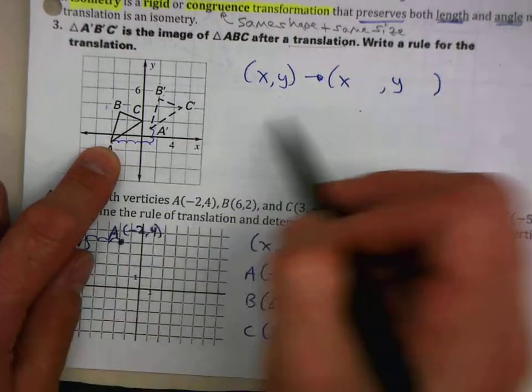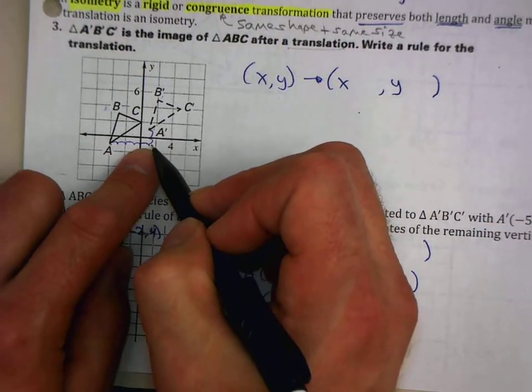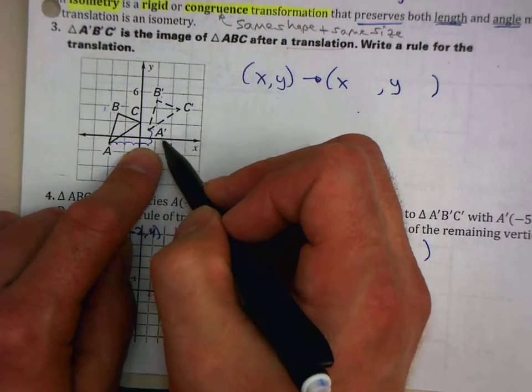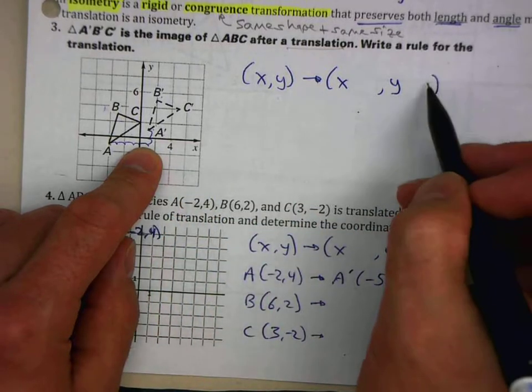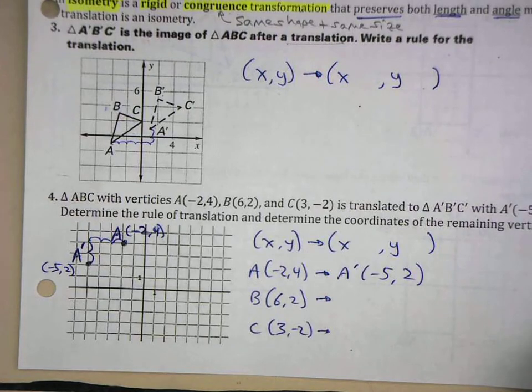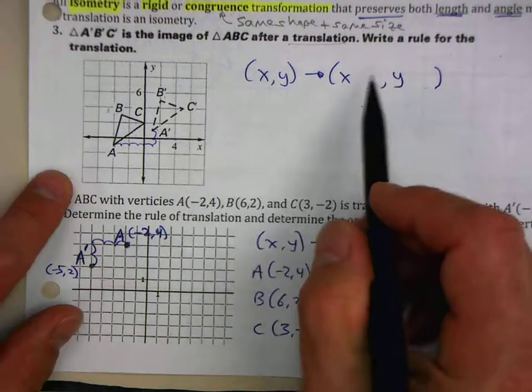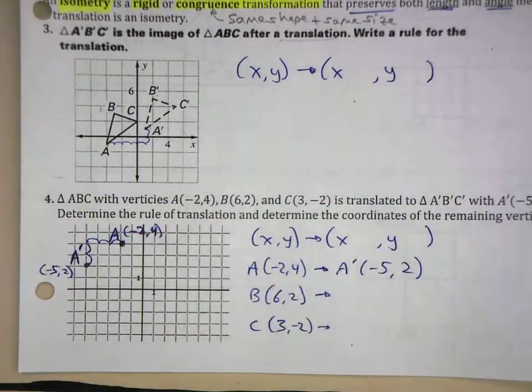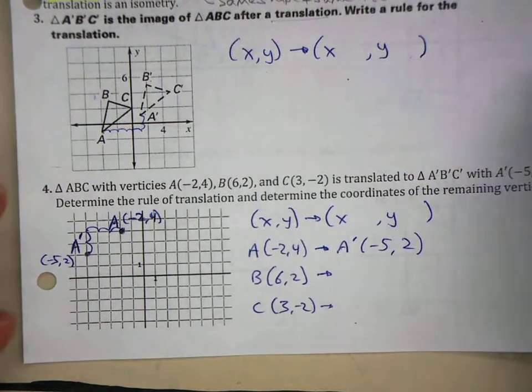Then go up a certain number of units to get to A prime, so that's the number you add to y. That's all you need to do: fill in the rule of transformation.